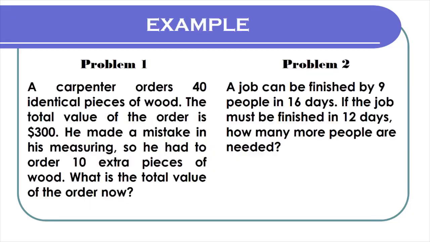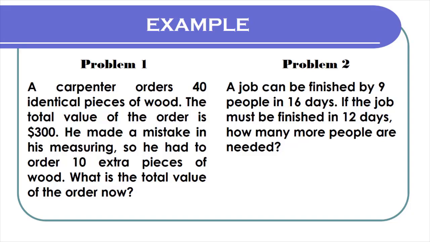To make it clearer how to solve direct proportion and inverse proportion problems, here I will compare two problems. The first problem shows direct proportion. If you order more wood, then the price will be higher. So the amount of wood increases, the price also increases. It is directly proportional.